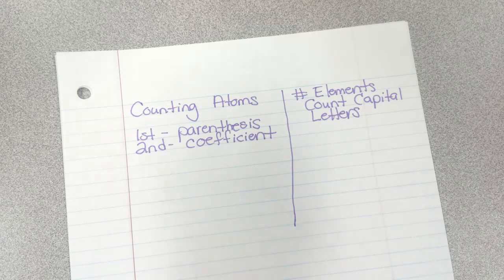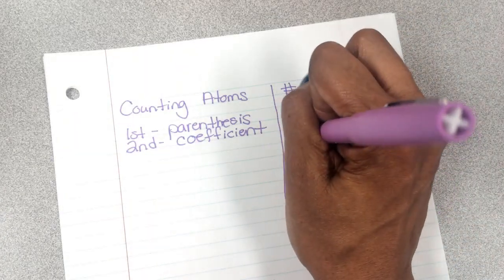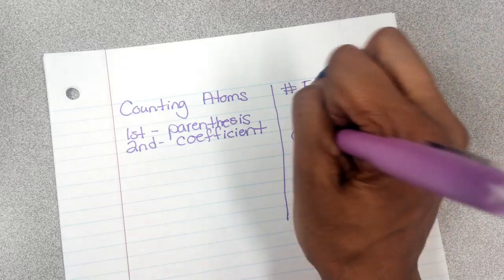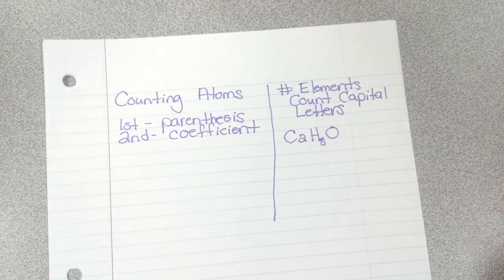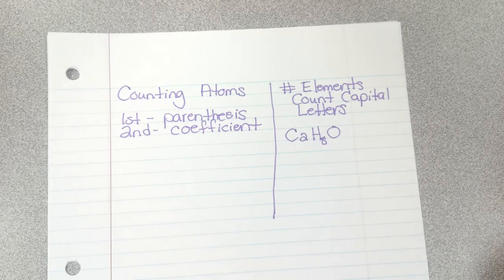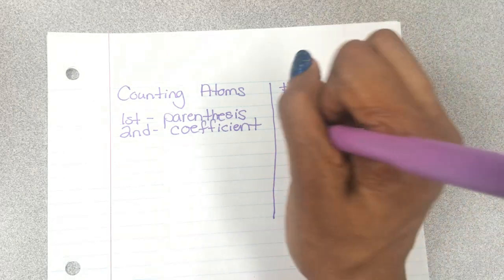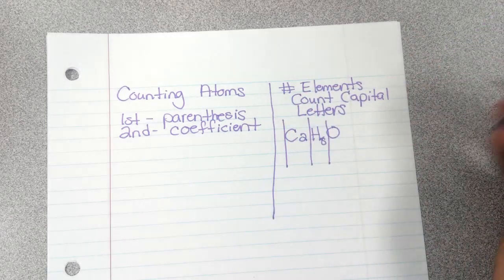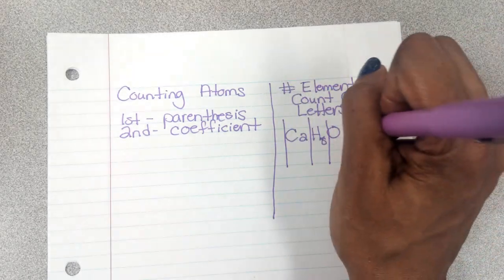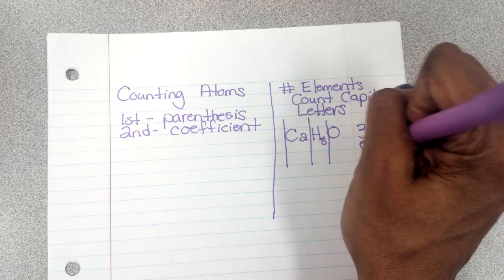Let's say you have this formula, and I asked you how many elements. There's one of two ways you can do this. You can draw lines in front of your capital letters, or you can just count the capitals. So you have 3 elements.